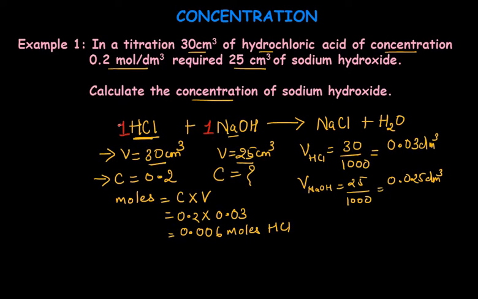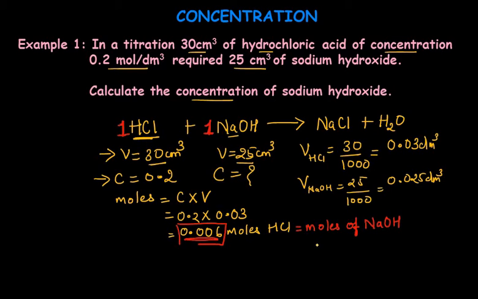So that shows that if we react 1 mole of hydrochloric acid, then only 1 mole of sodium hydroxide is going to react. So if 0.006 moles of HCl is reacting, then the same moles of sodium hydroxide is going to react.